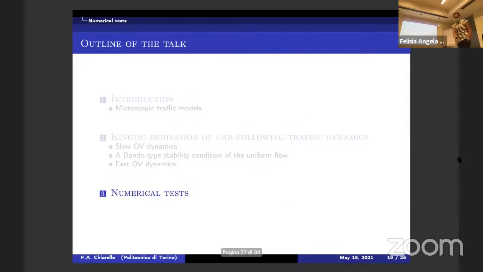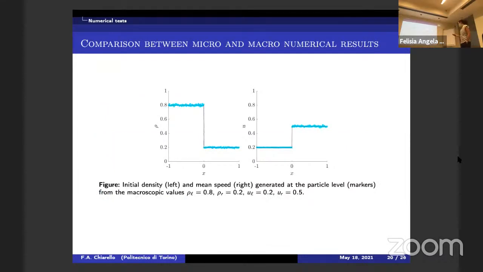So now we start with the numerical tests, and so we consider this initial density and this initial mean speed.